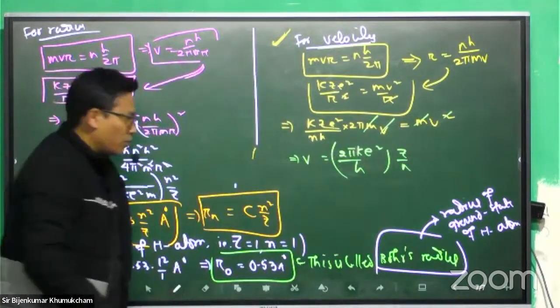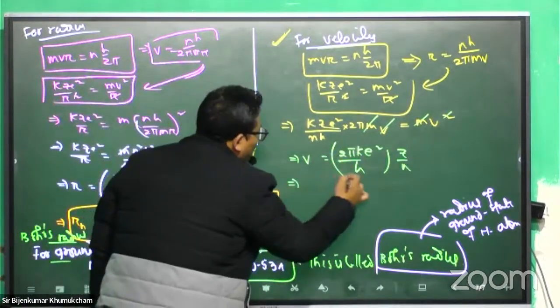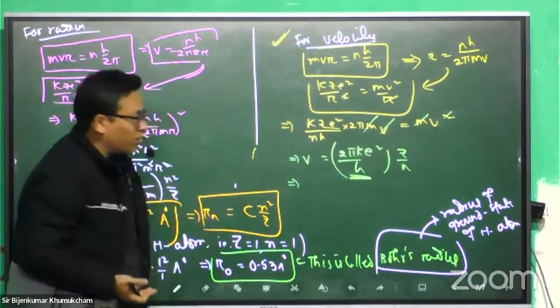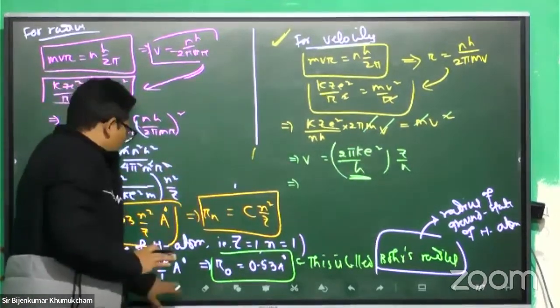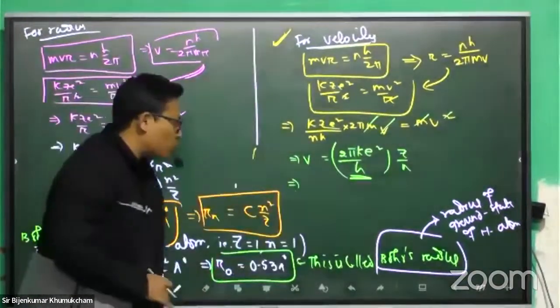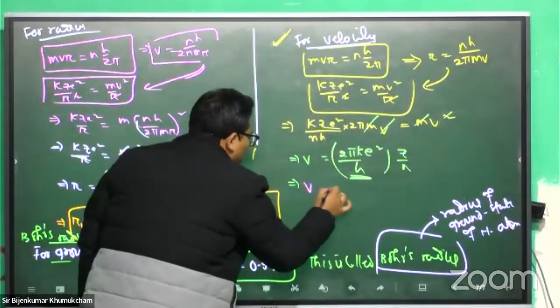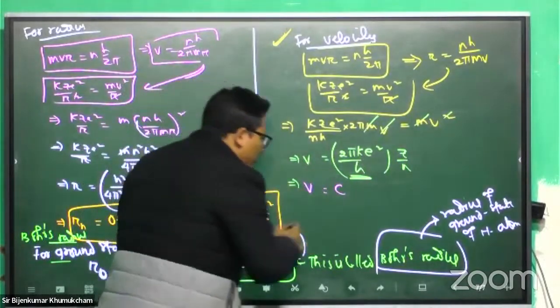We don't know these values, but it's not very difficult. v equals some constant times Z by n.